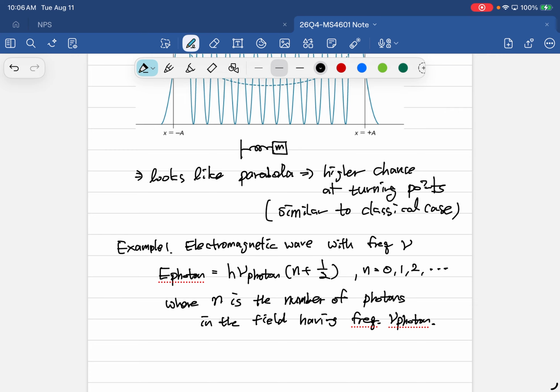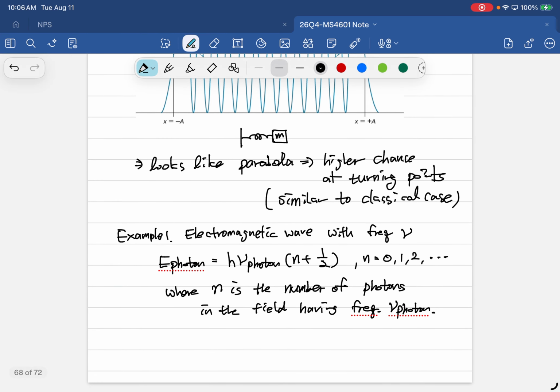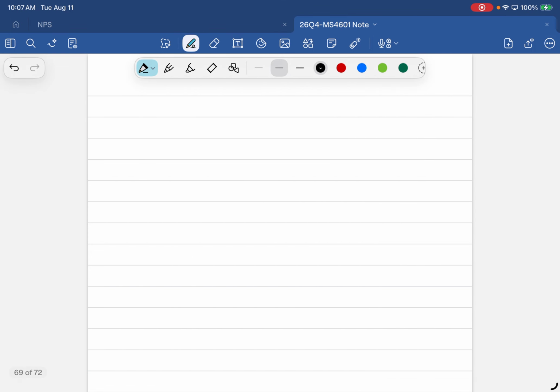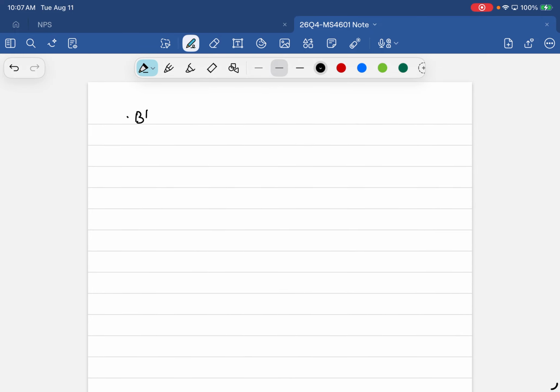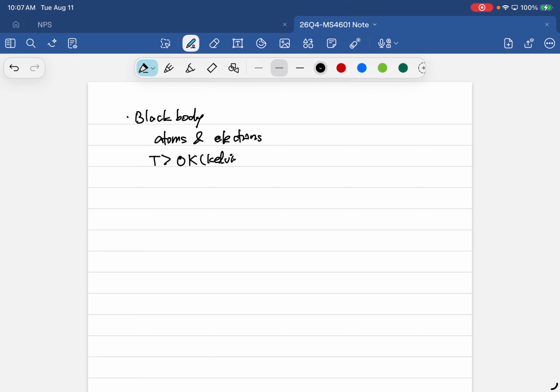That gives the total energy of the electromagnetic wave. The way it is defined starts from the black body. For any matter, for example atoms and electrons, as long as the temperature is higher than absolute 0 Kelvin, it has thermal energy, right?